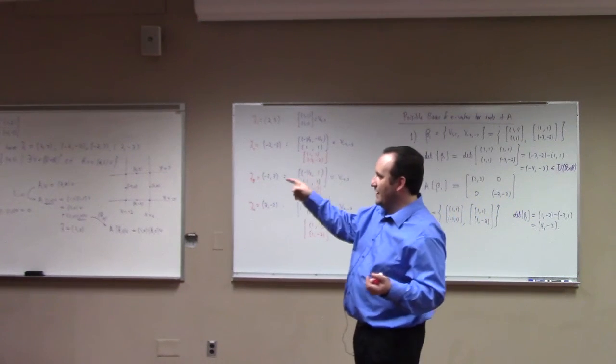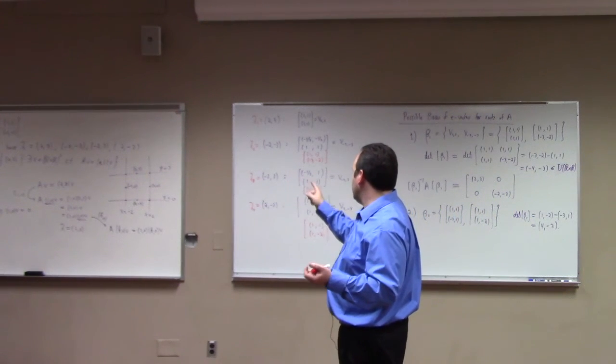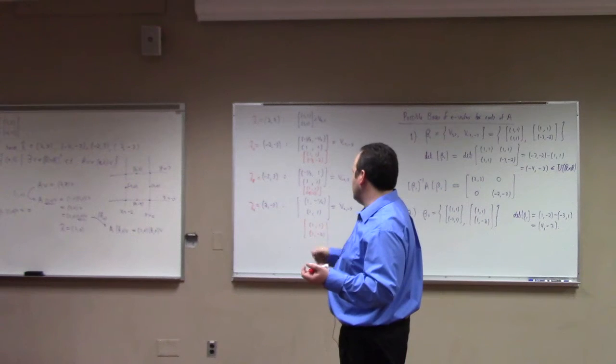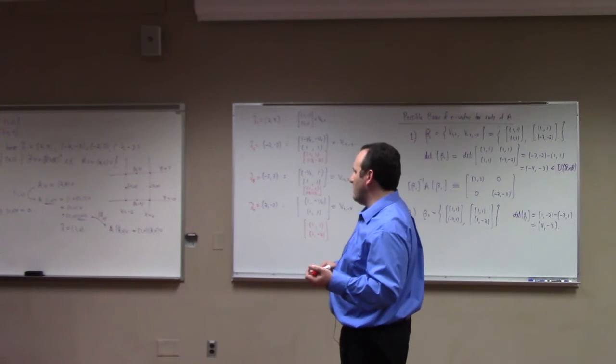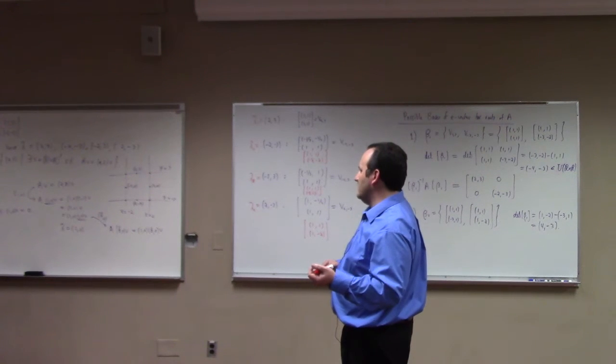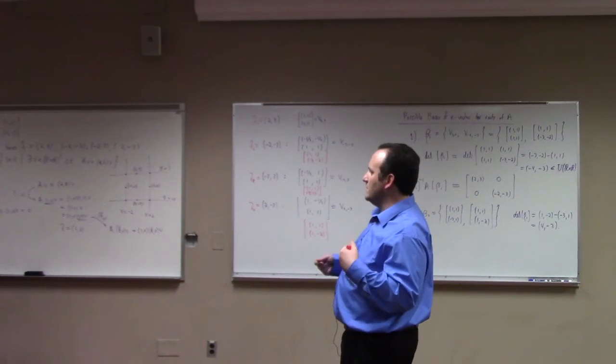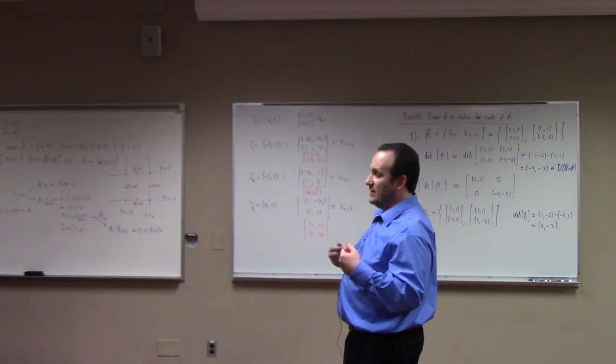The determinant of A, it should be the, whoa. What is the determinant of A? Looks like minus 4 minus 9.